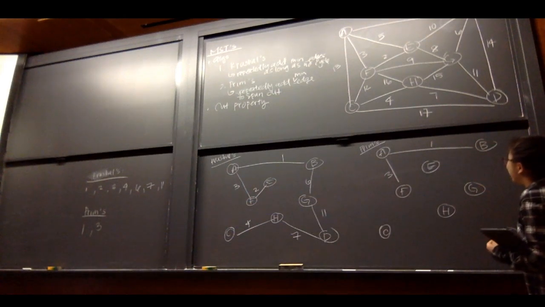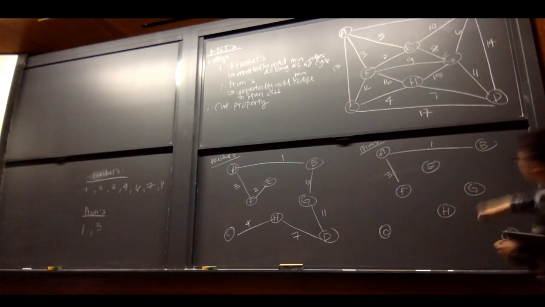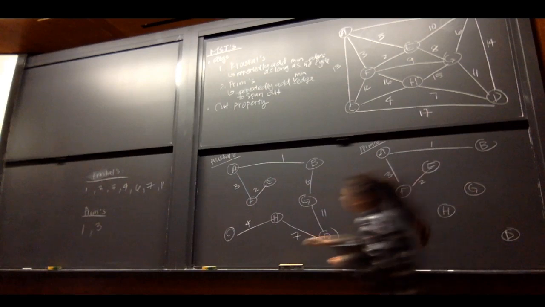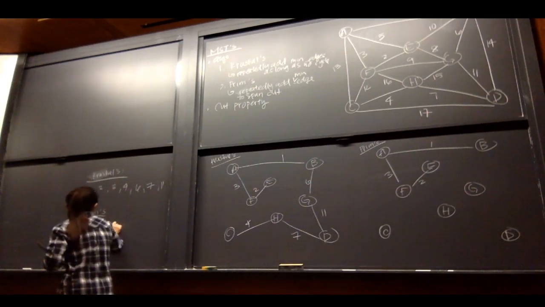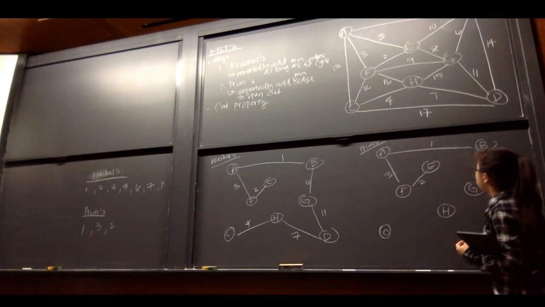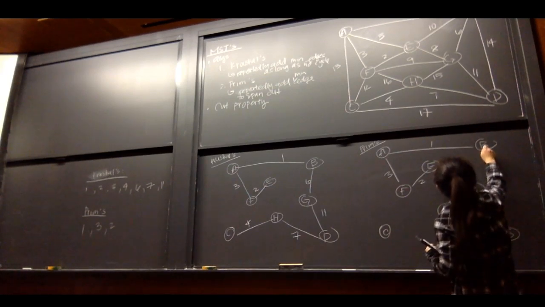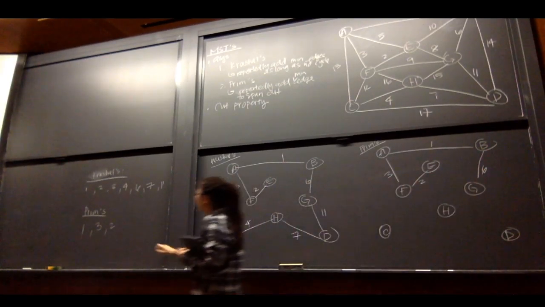So now, what is the next smallest edge that touches either A, B, or F? It would be 2. I like it. What's next? It touches either A, B, E, or F. 6. Okay.